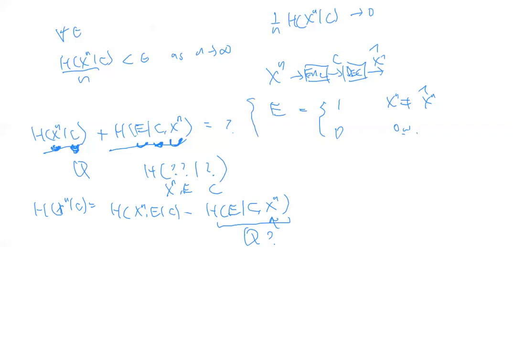E is defined as just an indicator function. Indicator values can only be 1 or 0. It's 1 when there's an error, that is Xn is not equal to Xn hat, and 0 otherwise. So for one thing, E is just binary. It cannot be more than 1 bit because it only has 2 values. But I can say more about H(E given C, Xn) here.